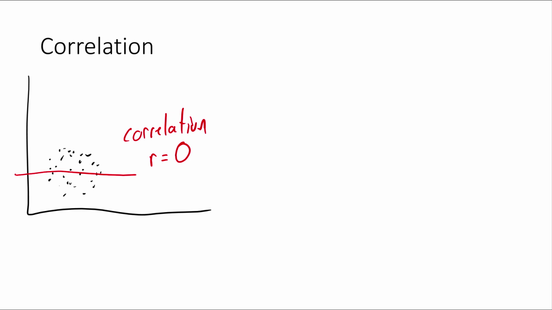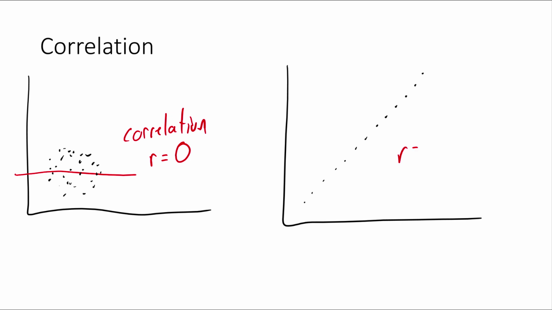There's just no pattern whatsoever. So that's 0. If we had a perfect positive relationship, for example, that is, as x goes up, y goes up, this would be a correlation of R equals 1. Every time x goes up, y goes up.